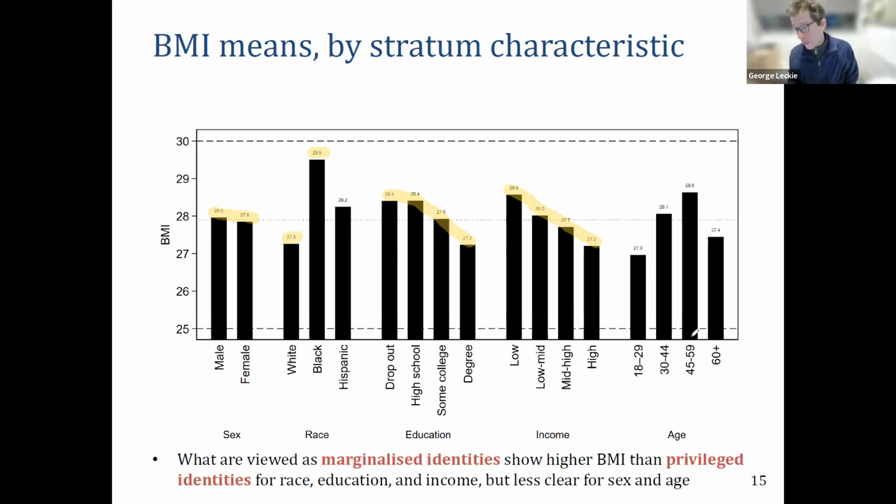For ages, you might think the most privileged group, in terms of those with power in society, is probably 45 to 59-year-olds, and they've actually got the worst outcomes. And the least powerful group, perhaps the youngest, or those pushing to get into retirement, have actually got the best outcomes. So there are different patterns here in relation to what is perceived as marginalized and privileged identities. Let's clear out those annotations and shift onwards.